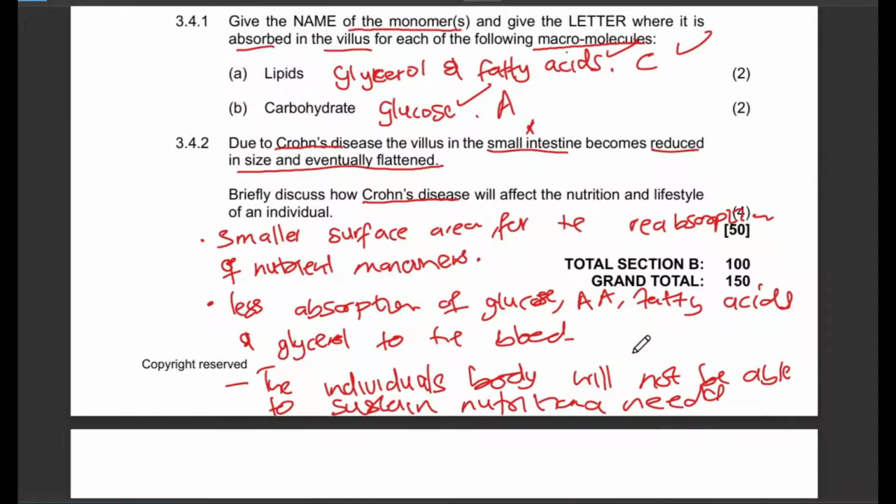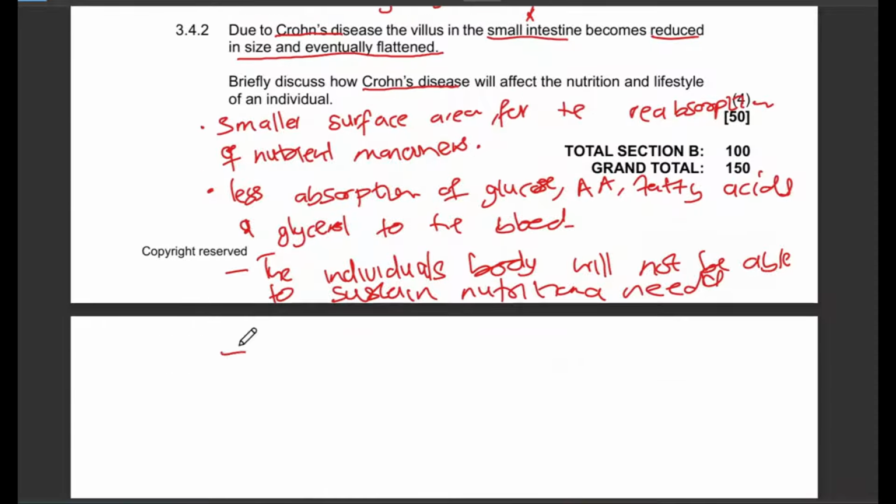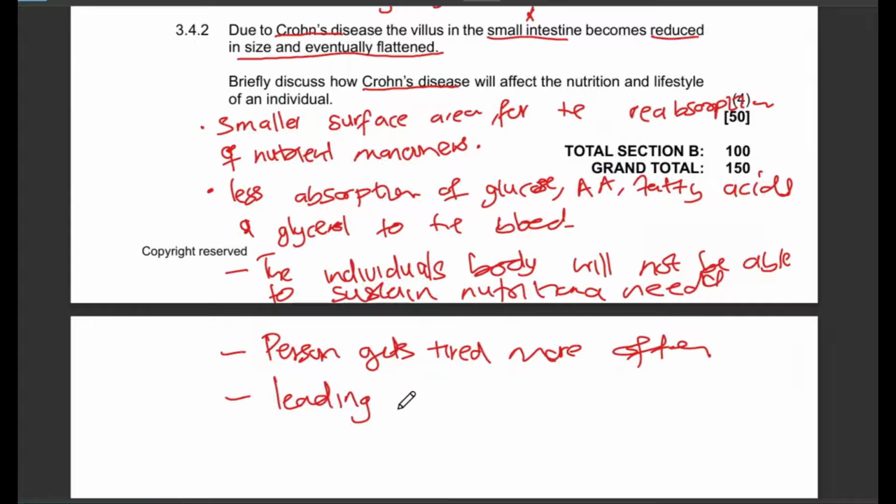So what does that mean? A person may get tired more often because there's less nutrients, less energy. So person gets tired more often, leading to health complications. And this would lead to health complications. All right, that's it, guys.